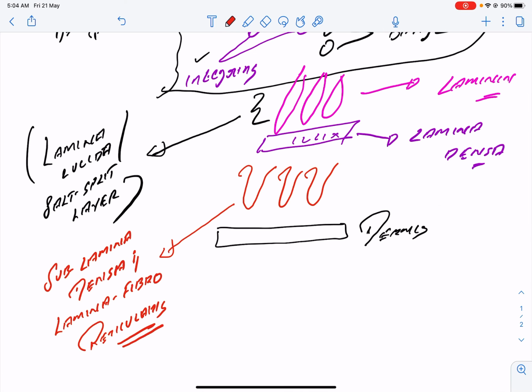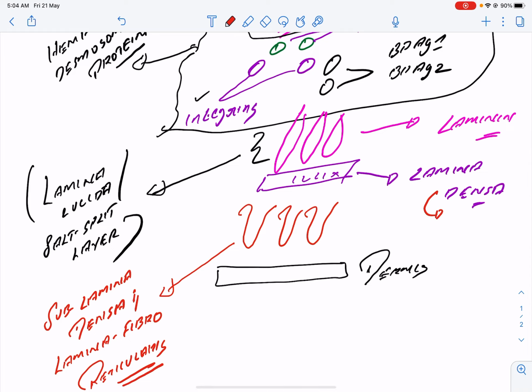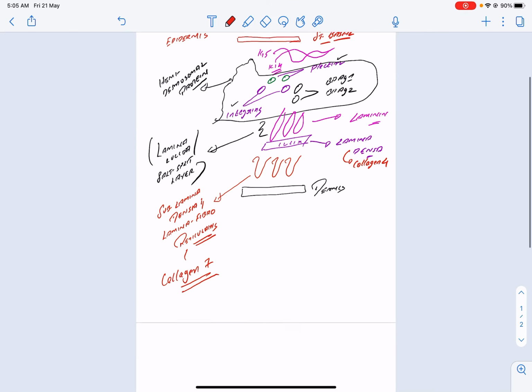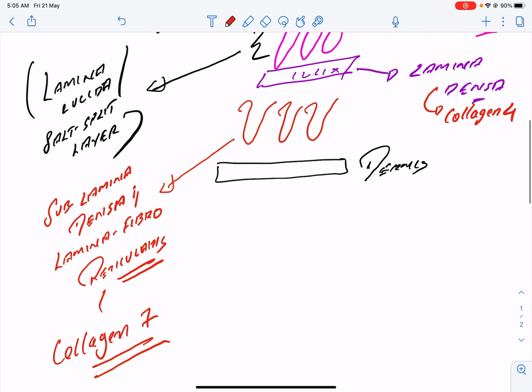Remember, the lamina densa is made up of collagen 4, and we have different types of collagen. This fibroreticularis is made up of collagen 7. Hope everyone got the idea.